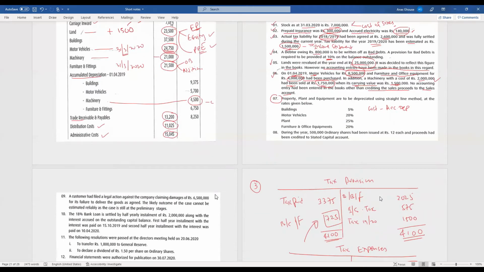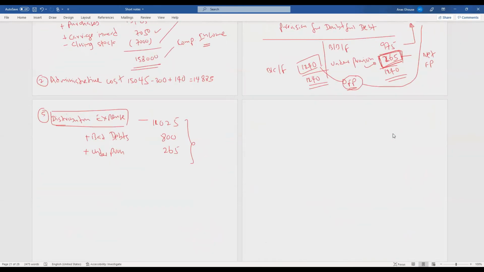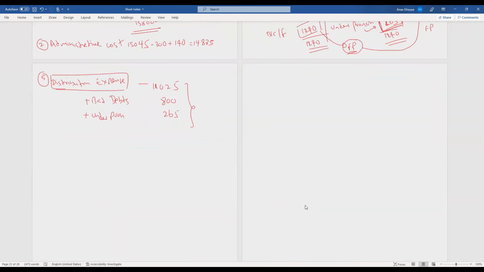First of all, we'll take the motor vehicle, there is no adjustment required. This is for the presentation purpose. They have given the breakdowns. Let's take the machinery account and the machinery accumulated depreciation account, note number 6.